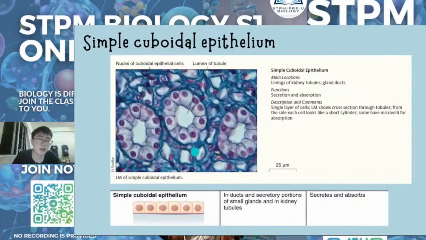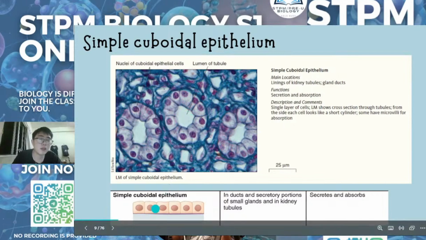So this is the light microscope structure that you will see for the simple cuboidal epithelium tissue. Normally this is just for you to see the structure. As I already mentioned, it is normally arranged in this shape, and it also contains the lumen here.